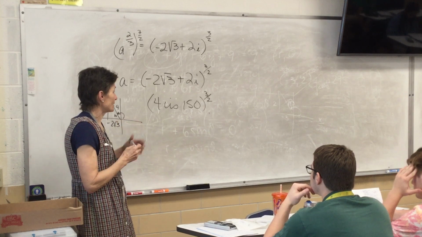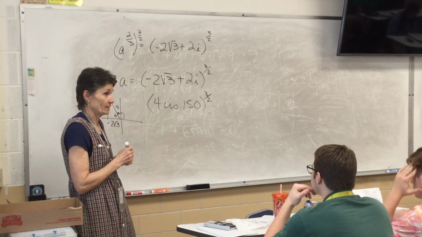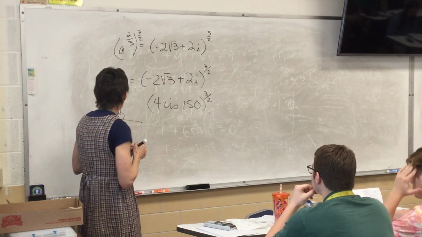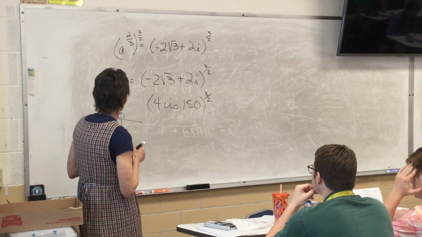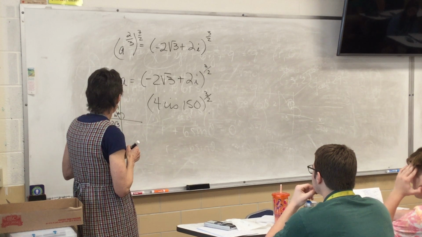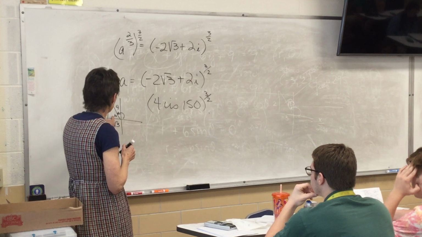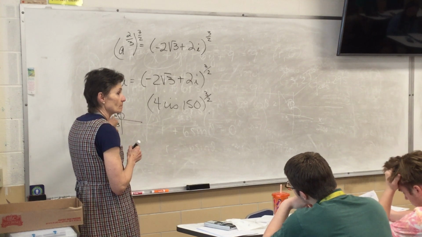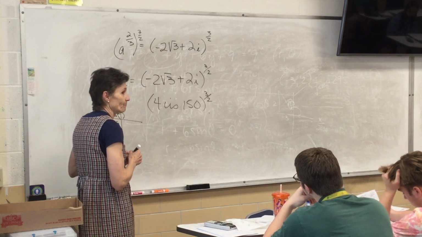This problem is doable without a calculator. I don't need a calculator to do this problem. Wouldn't it be 120? Or wouldn't that angle instead of trying to do 30? It is 30. Oh, okay. Sorry. Right?